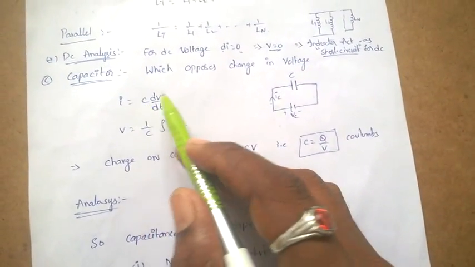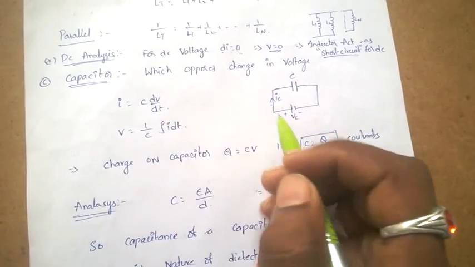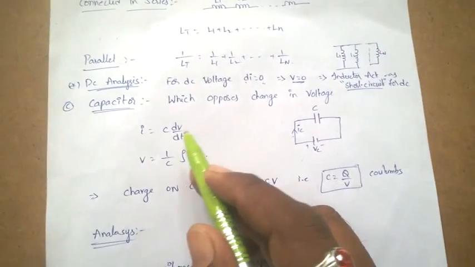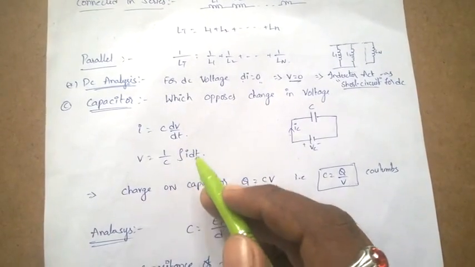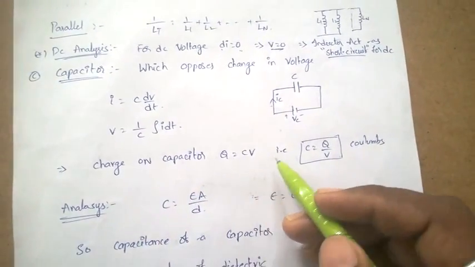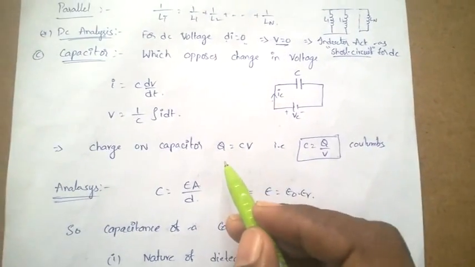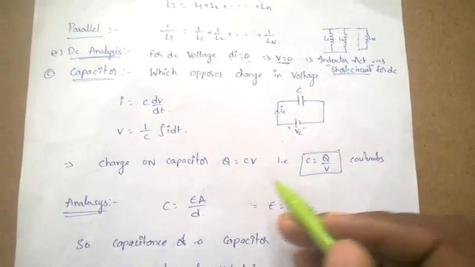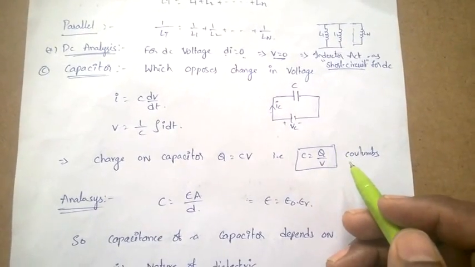The formula for current flowing through the capacitor is i = C dV/dt. Here V = (1/C) ∫ i dt. And the charge on the capacitor, Q = CV, so C = Q/V. The unit of capacitance is farads.